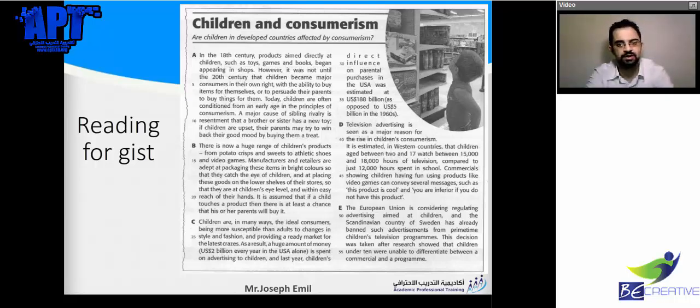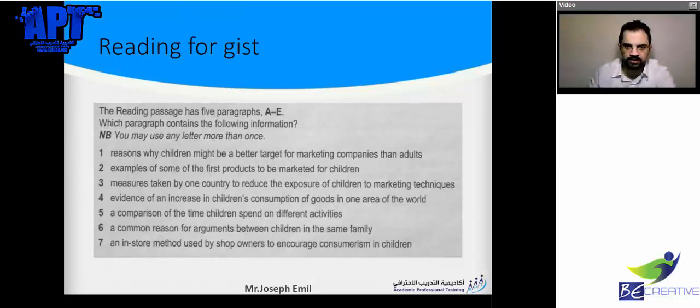and for that you will need to solve it in 10 minutes, or you can see here an example of the questions here. Here is a question that asks you to find the paragraph that contains the text in which these meanings are written.